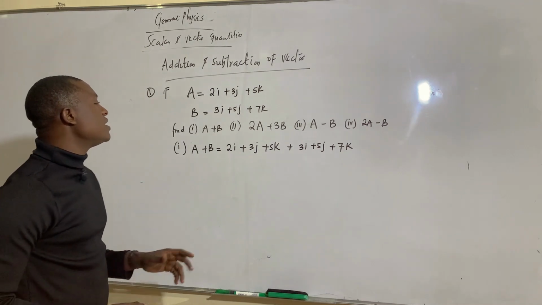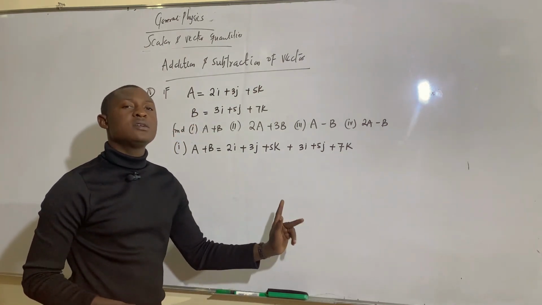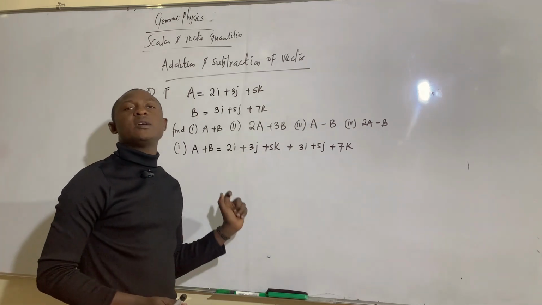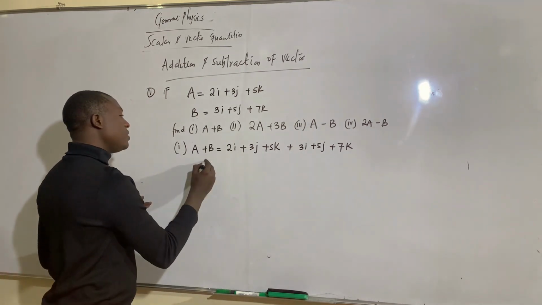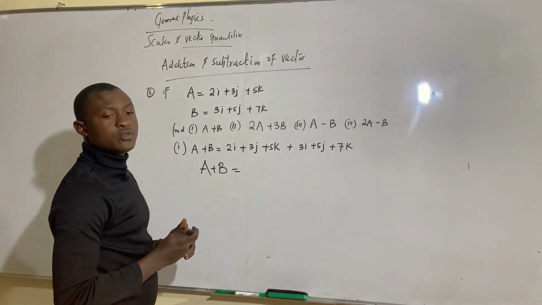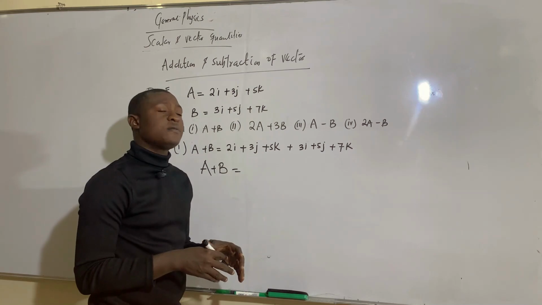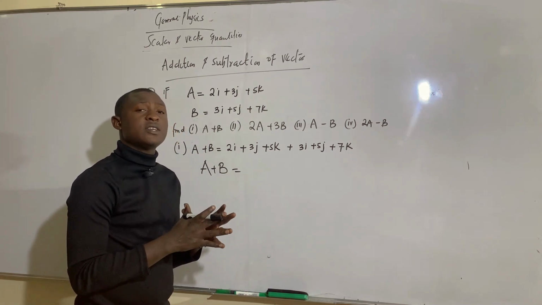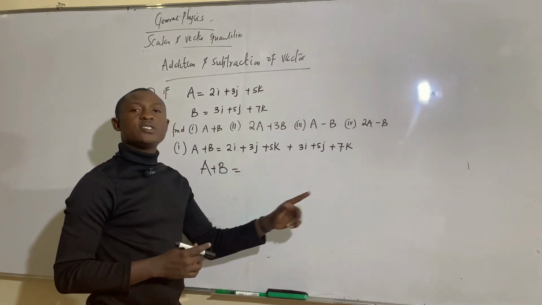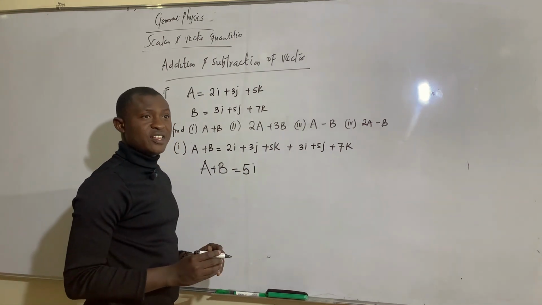I will just match the ones that have the same direction together: i for i, j for j, and k for k. So A plus B is equal to 2i plus 3i, and definitely I will have 5i.